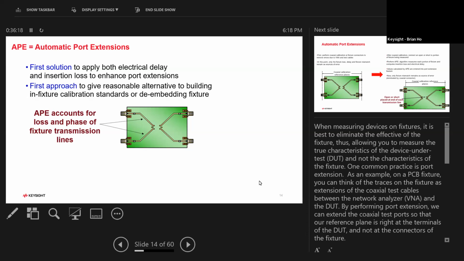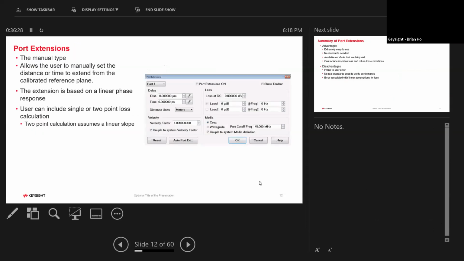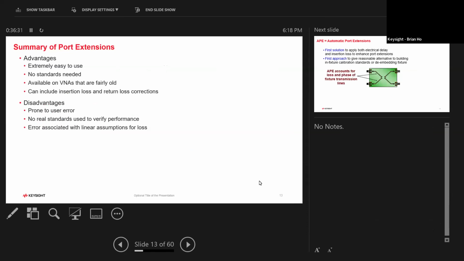How it works is the same as port extension. We're looking at the same variables: insertion loss, as well as delay, or electrical delay. So what we're looking for is the same, but it does it automatically. So you don't have to have a spec sheet to do it. You can plug in your fixture and it'll automatically do these calculations.